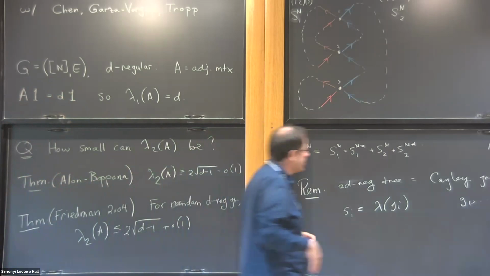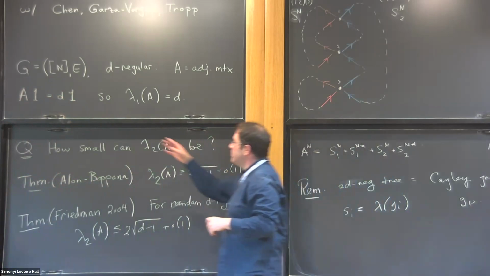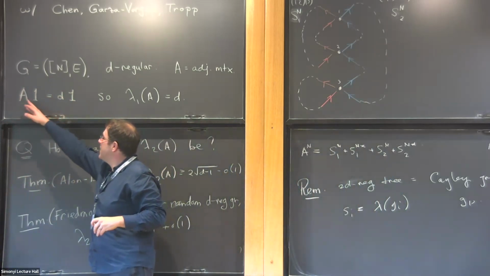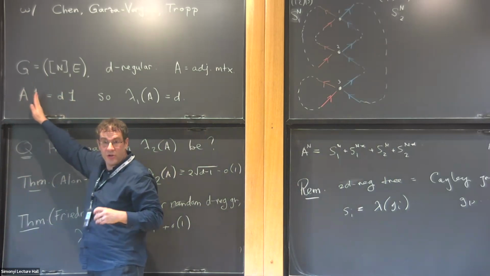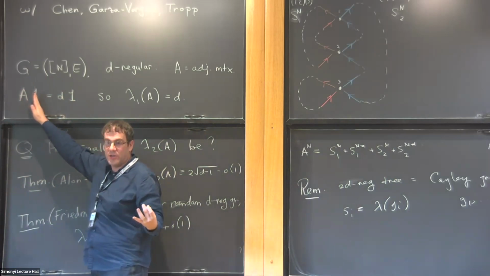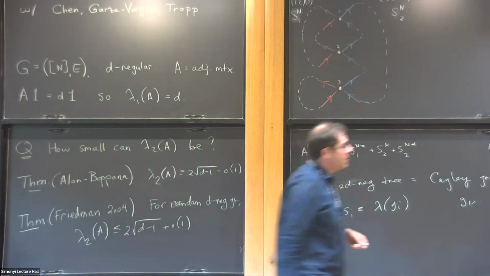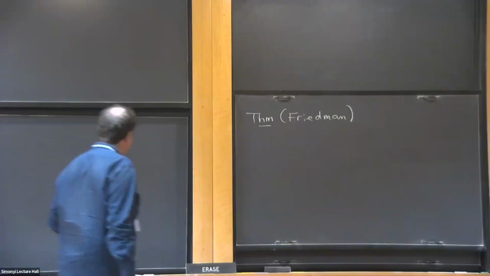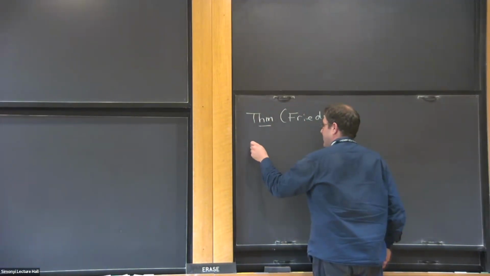There's a more natural way to view this, which is what I should simply do is take the adjacency matrix, but remove the top eigenvector, the all ones vector. And then I just talk about the largest eigenvalue. So if I now want to rewrite Friedman, I should do it as follows.